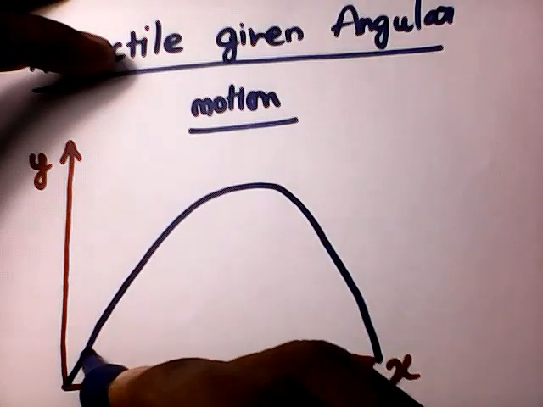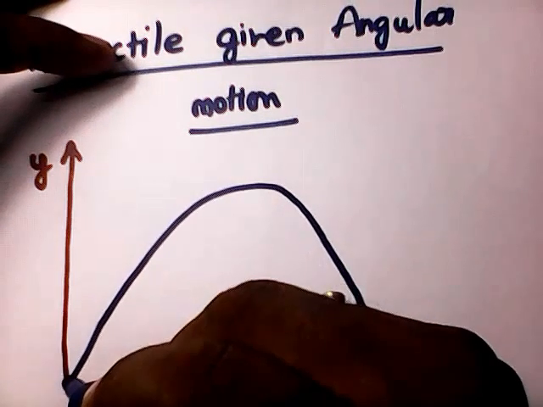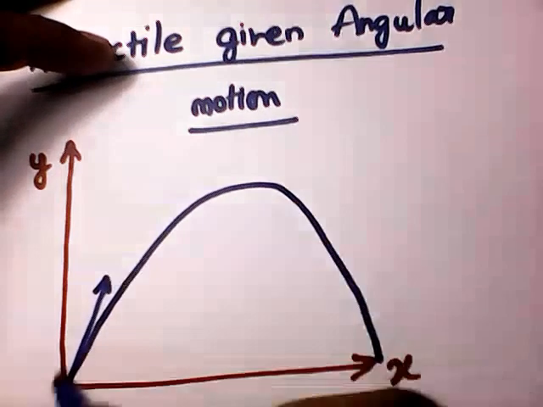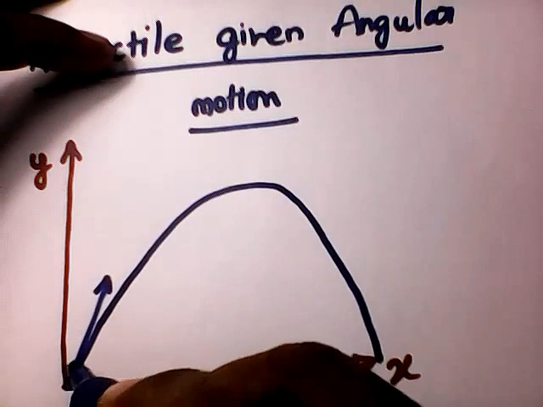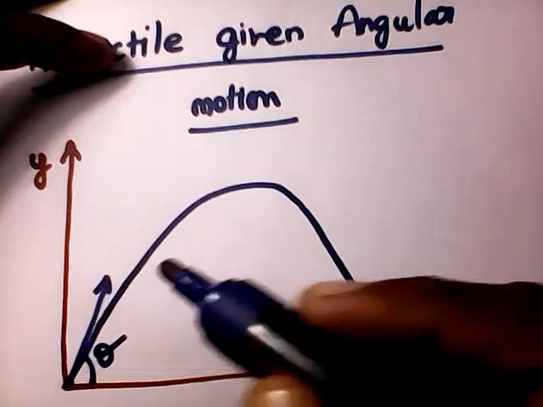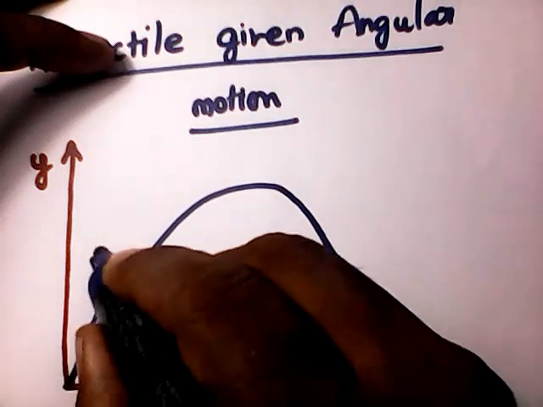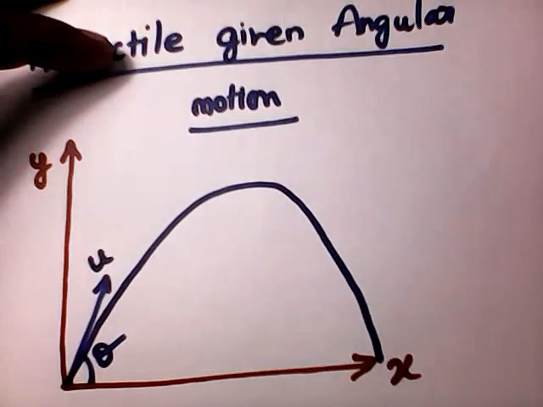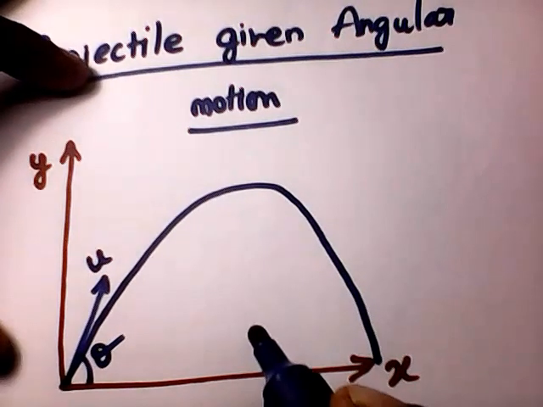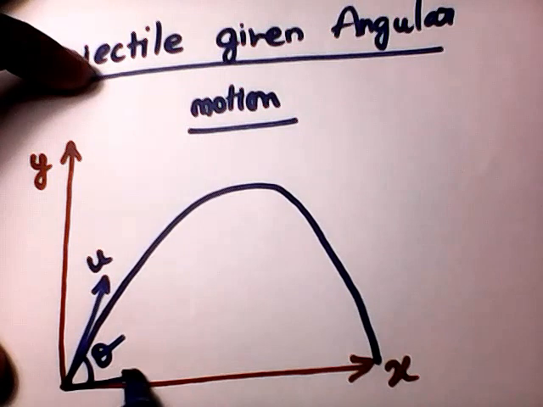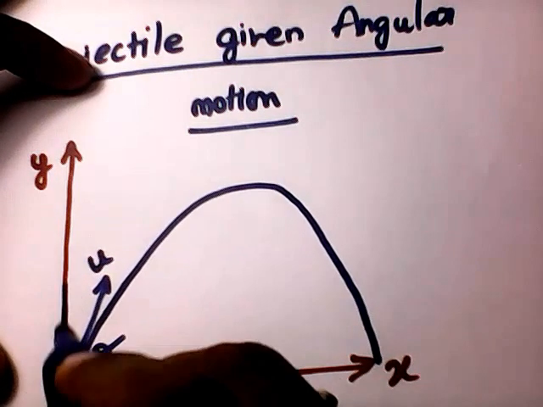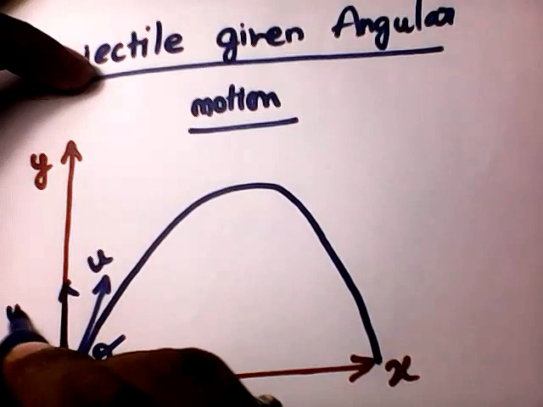Say, for example, the velocity makes an angle theta with the horizontal. Let the initial velocity be u. This can be resolved into two components: one is u cos theta, another one is u sin theta.